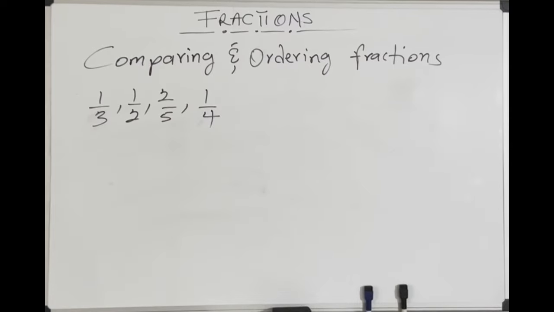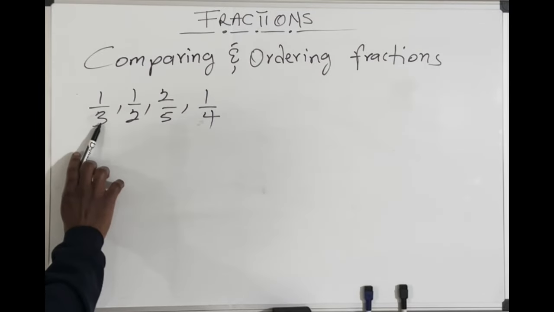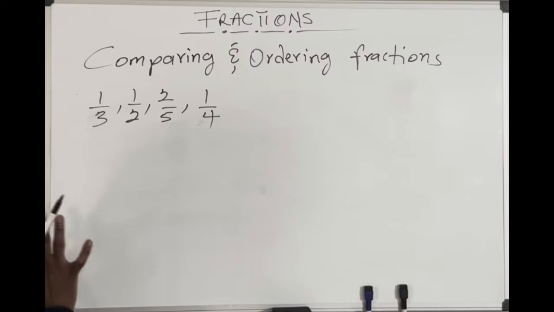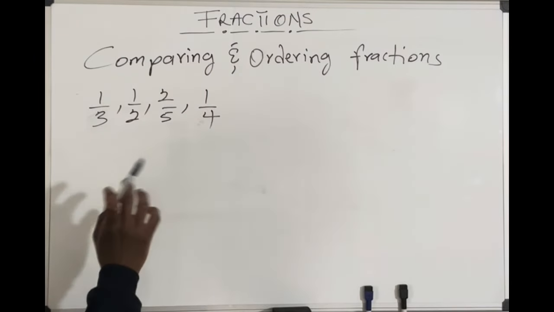And then with the same numbers, 1 over 3, 1 over 2, 2 over 5, 1 over 4, I will work this with the second method so that you compare with the first method and then you choose what best works for you. Okay, this time around, we are not multiplying 3 by 2 and then what we get by 5 and then what we get by 4, which we arrived at 120.